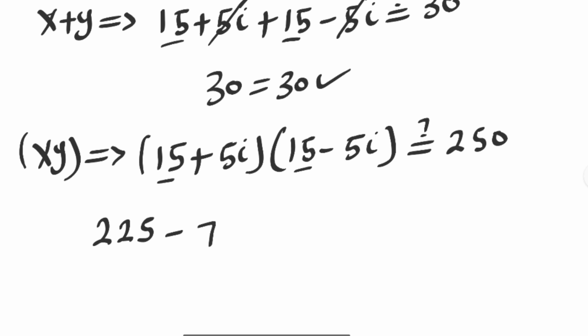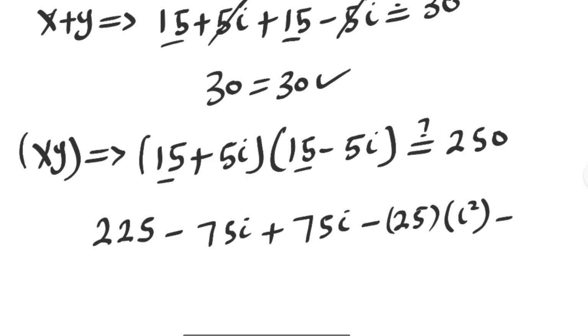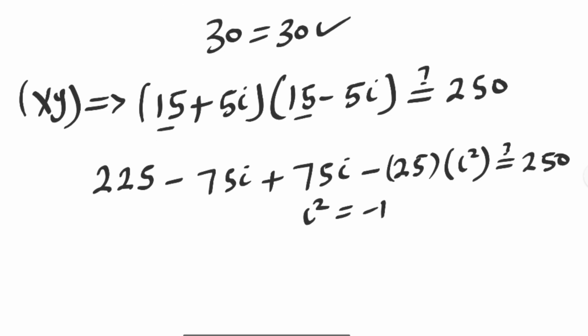This is 75i plus 5i multiplied by 15, 75i. Then 5i multiplied by minus 5i. This is minus 25 multiplied by i squared, must be equal to 250.